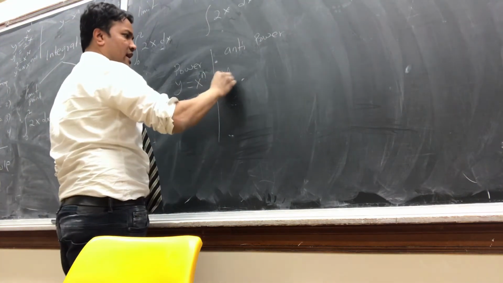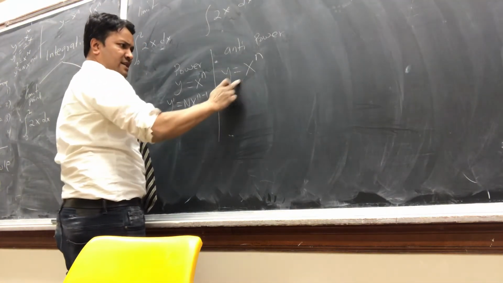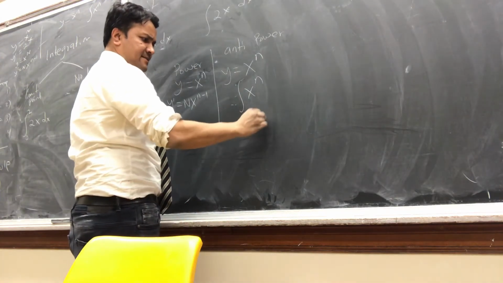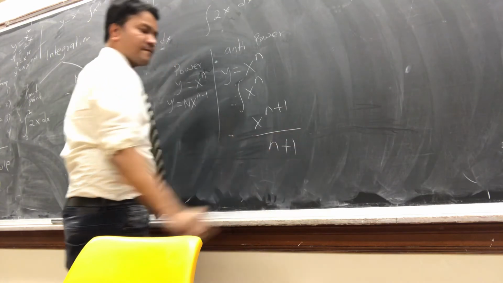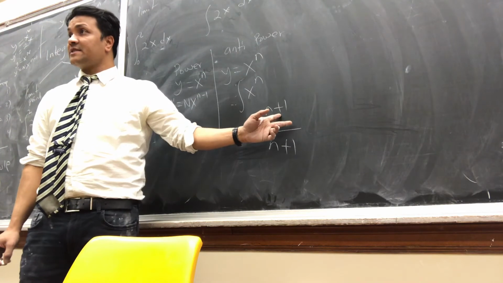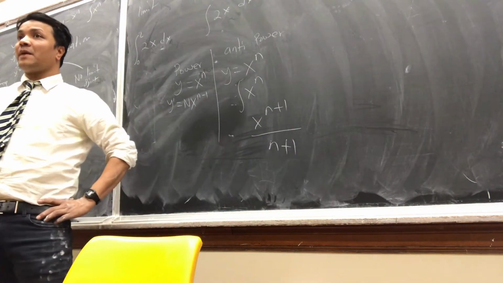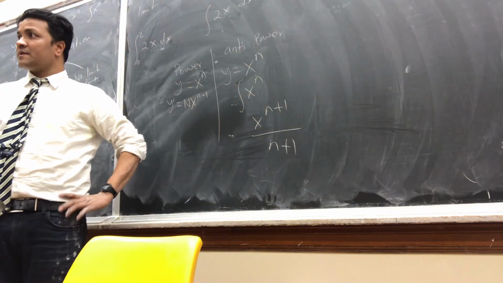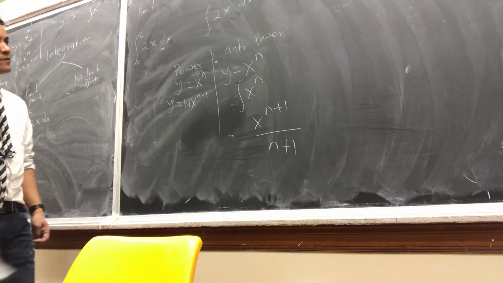Okay, now for the anti-power rule, x^n becomes x^(n+1) divided by n+1. So instead of writing minus, you write plus, and you divide by the exponent, you divide by the power. So this is the simple rule, and we're going to apply this simple rule now.